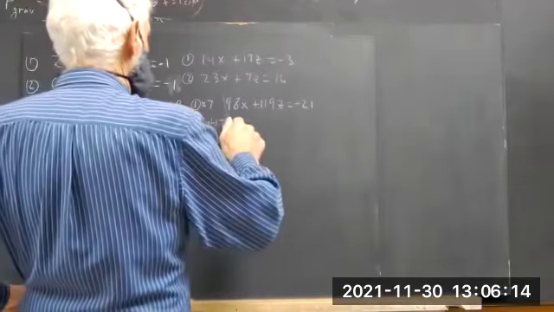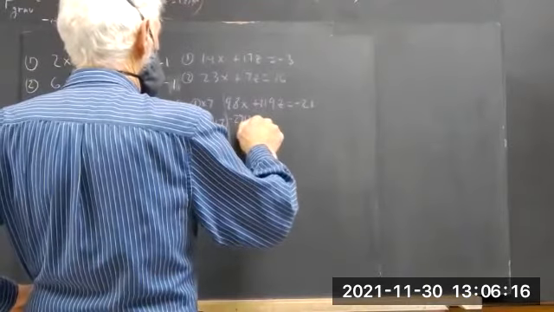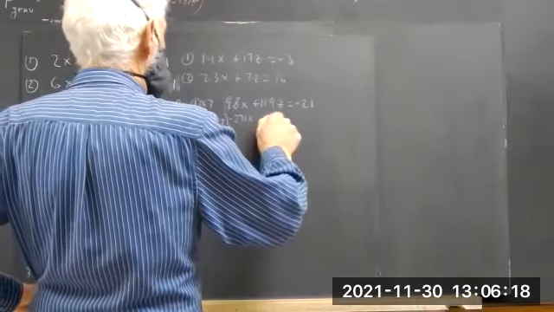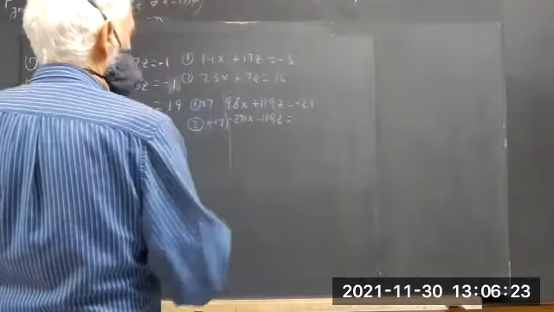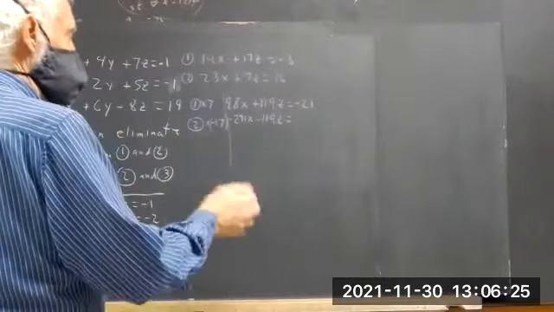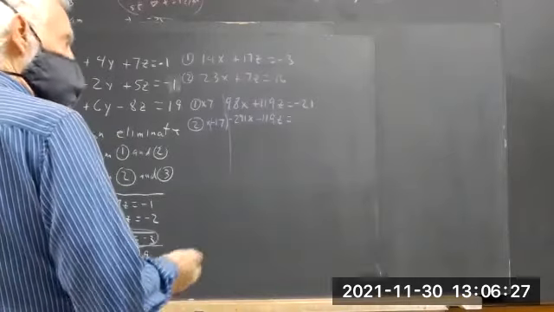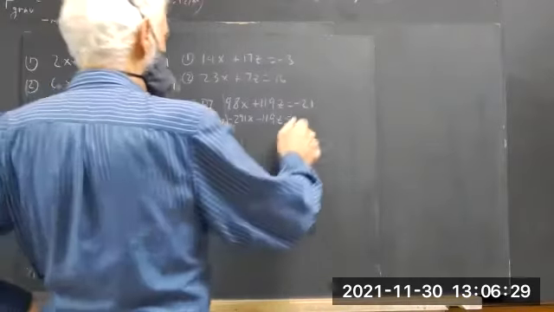So I believe we get -291x minus 119z equals 21 times 17 is 340, and another 17, which is 357.